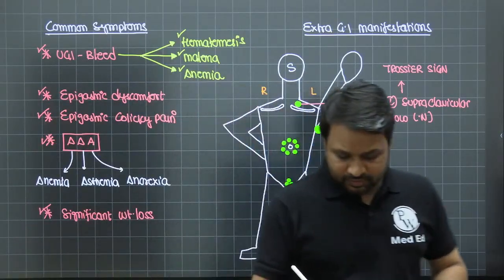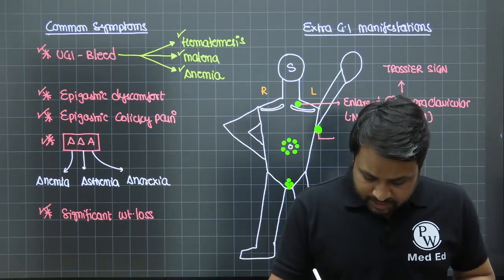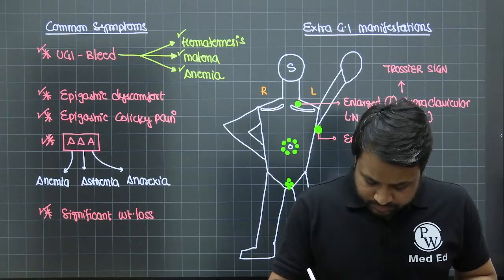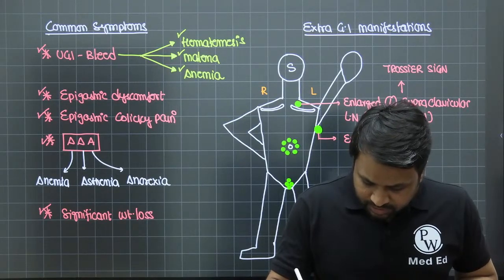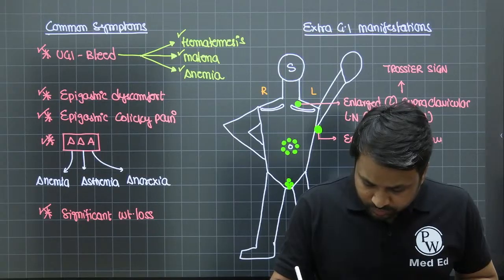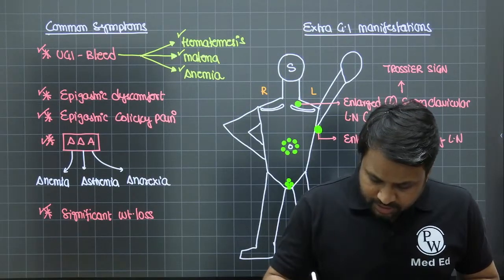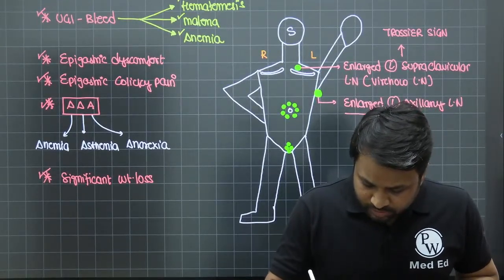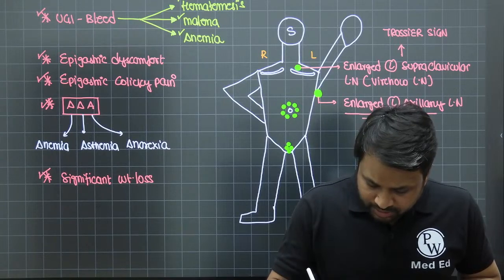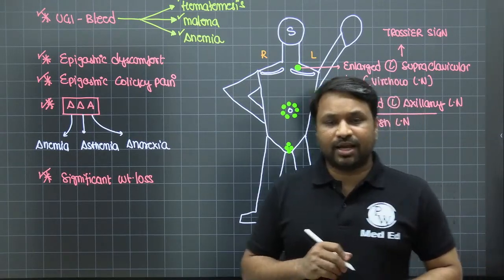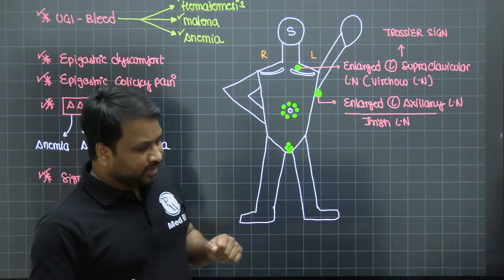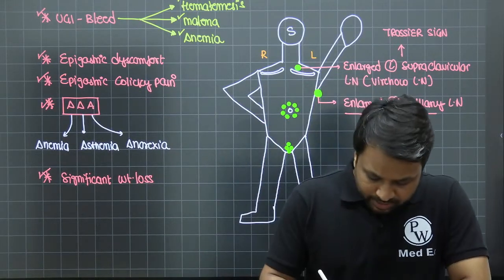Then you have the enlarged left axillary group of lymph nodes, which is also referred to as the Irish group of lymph nodes.